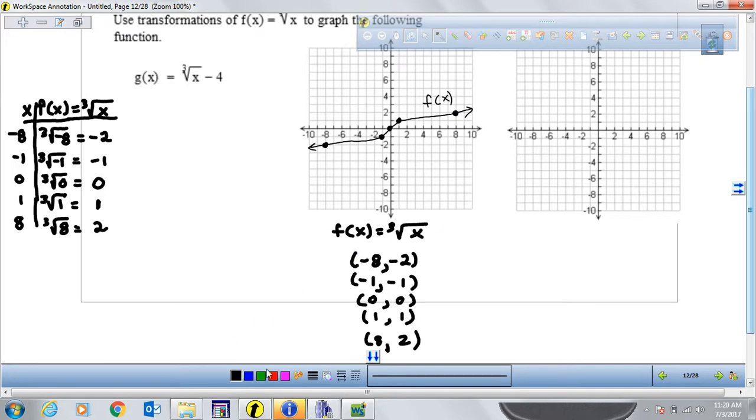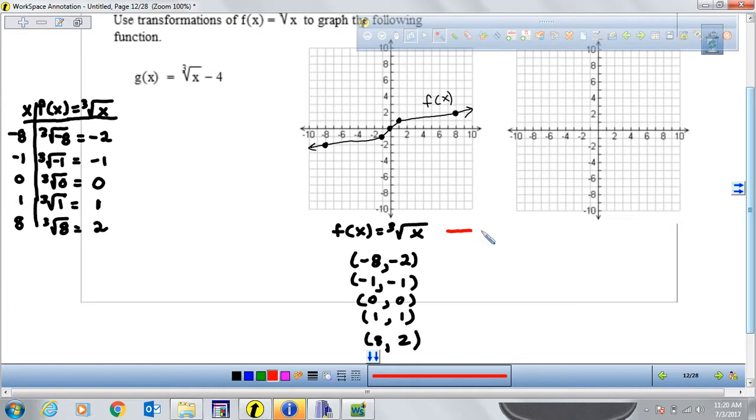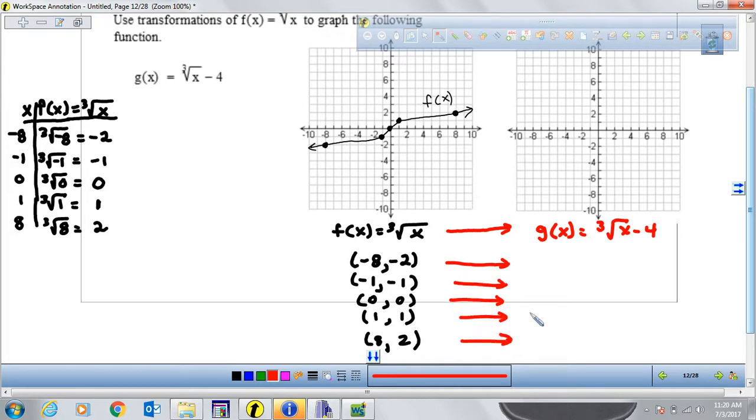Now, to create the function g of x, there is only one thing we have to do. So we want to transform this function into this function, cube root of x minus 4. Okay.